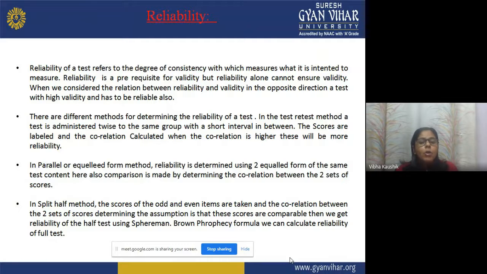The parallel or equal form method is the second way to establish the reliability of a test. Reliability is determined using two equal forms of the same test.